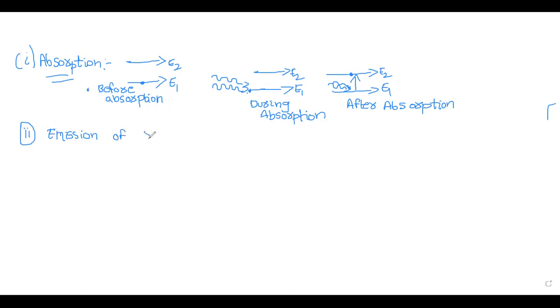The emission of radiation can occur in two ways, which is nothing but a stimulated emission.